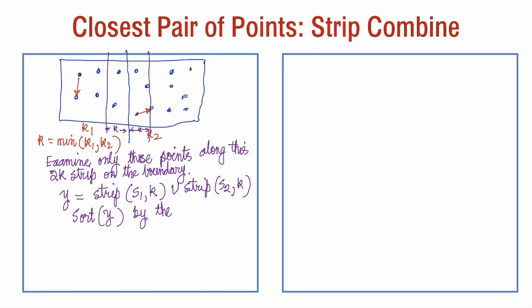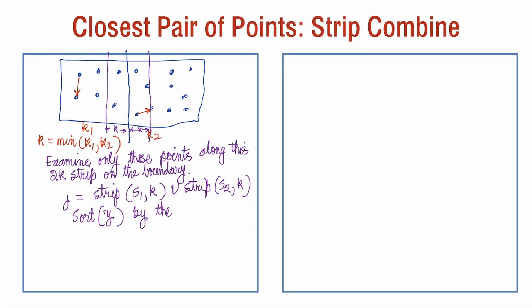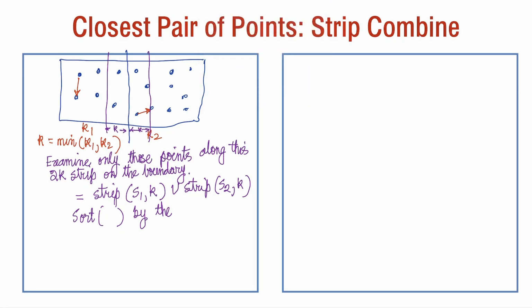So let us do a little bit of renaming. Let us not call it y, it will get confused with y. Let us call this set z. So we will sort z by the y-axis now.